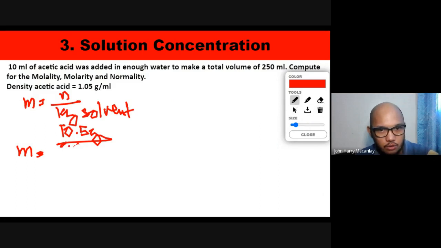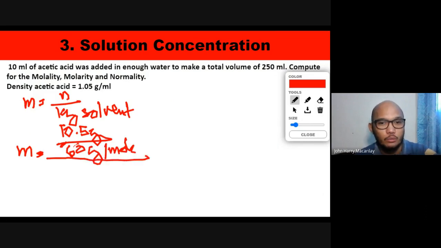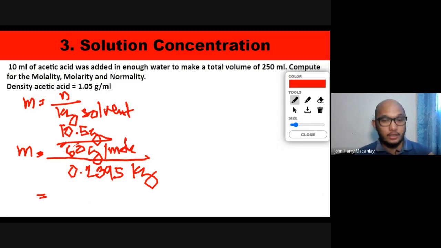So 60 grams per mole divided by the kilogram of the solvent, which is equivalent to 2.395 kilogram. The answer would be 10.5 divided by 60 divided by 0.2395.